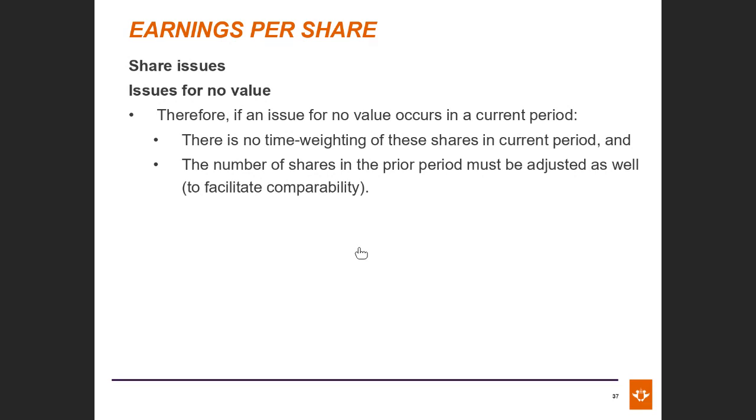But here, because these are for no value issues, there's no increase in earnings potential. So we will not time weight these shares in the current year because they are for no value, there's no increase in the earnings potential. And then in order to have comparability, the number of shares in the prior period must be adjusted as well. And this will facilitate comparability.